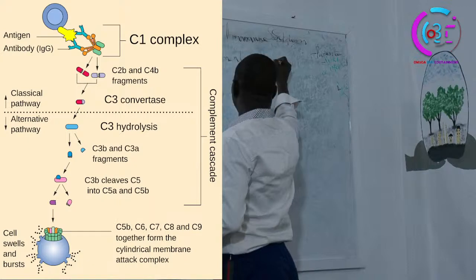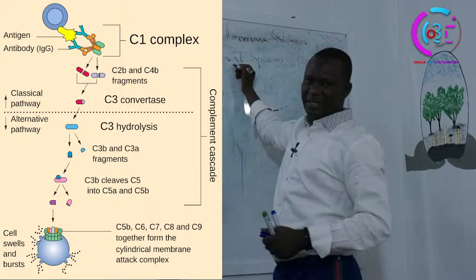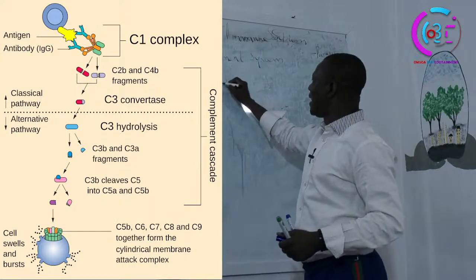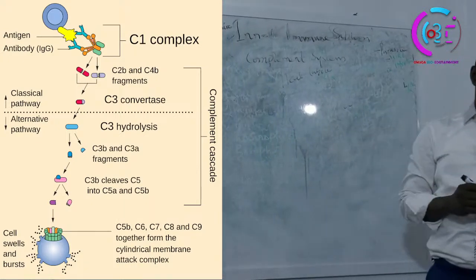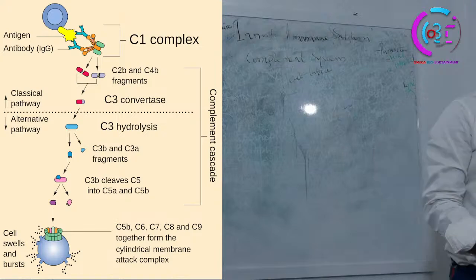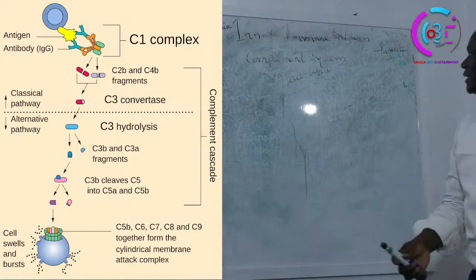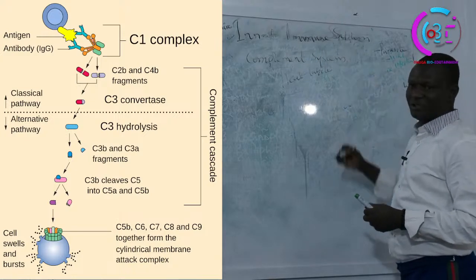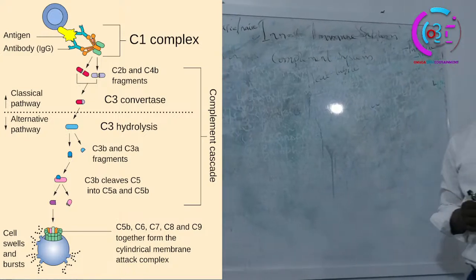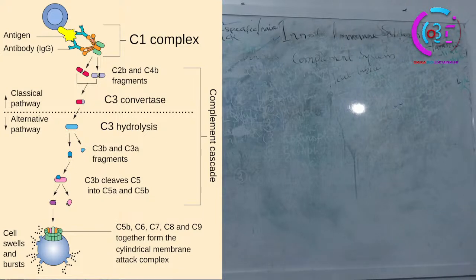Just like the word complement, it is a labile set of proteins that complement the efforts of the innate immune system.